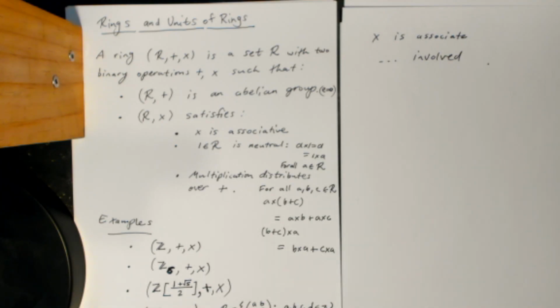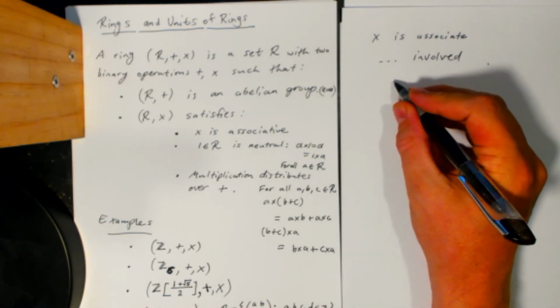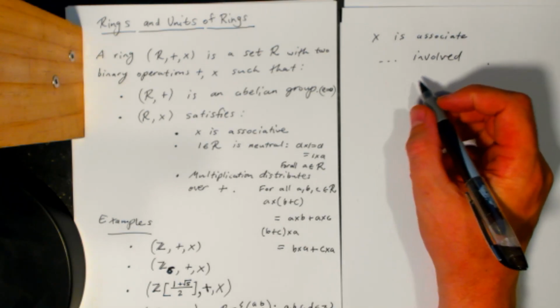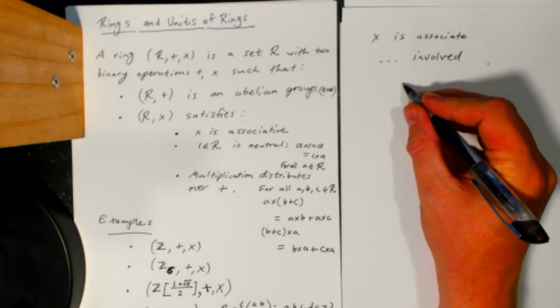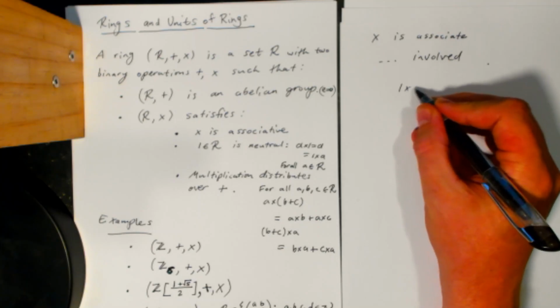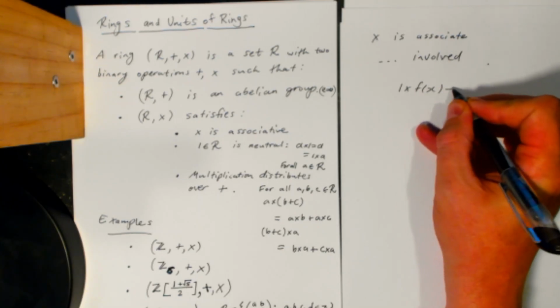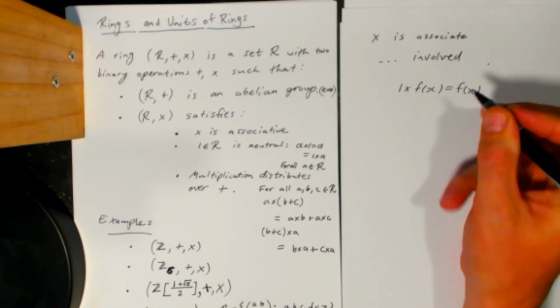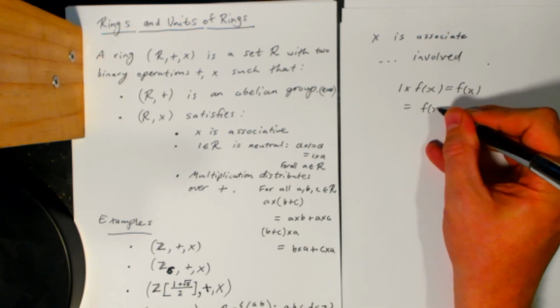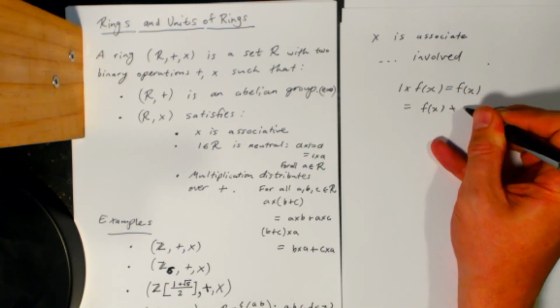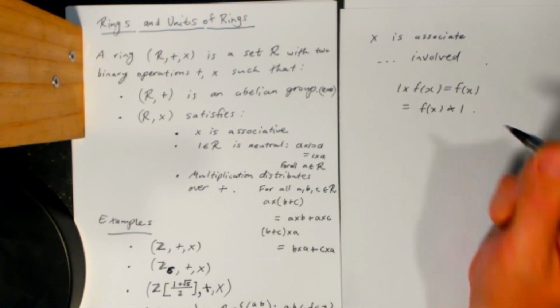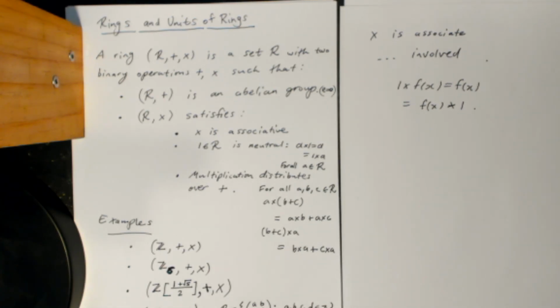Now, what is the identity of multiplication in this ring? It's just 1, because 1 times f of x is f of x, which is f of x times 1. Okay, so we have an identity element.